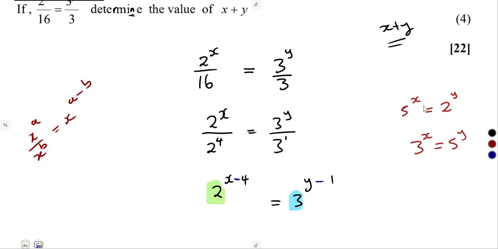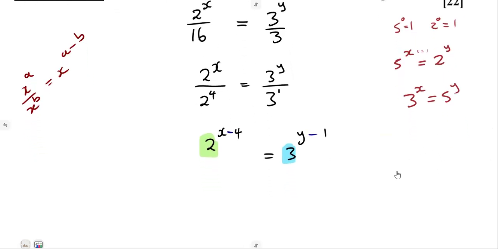So automatically here, guys, for us to obtain the same answer, it is only when the power is 0. 5 to the power of 0 is 1. 2 to the power of 0 is 1. That is the only way. So 1 will be equal to 1. Which other power can we use? No way, unless we have what? A 0.